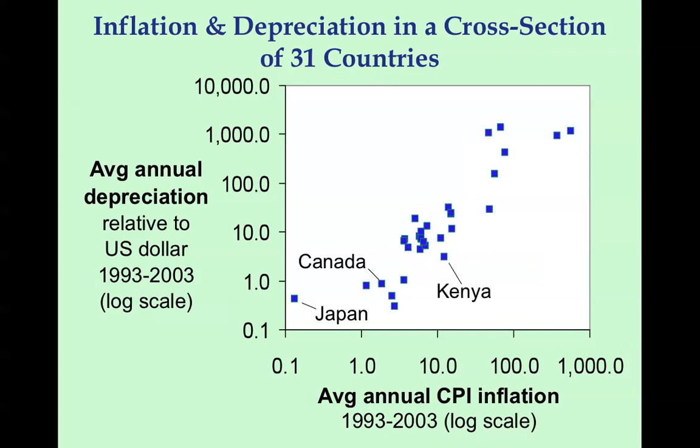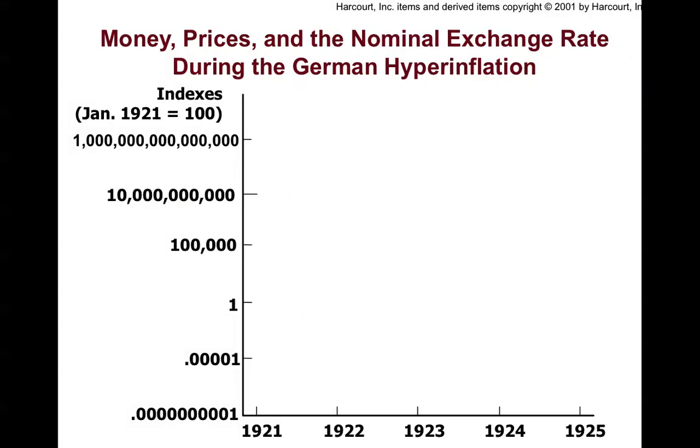So does Canada. Kenya is getting up there. Argentina, Mexico, Romania, Brazil: these countries have high inflation and high depreciation of their currency. So the relationship of inflation to depreciation definitely holds. And Ukraine has very, very high inflation and depreciation.